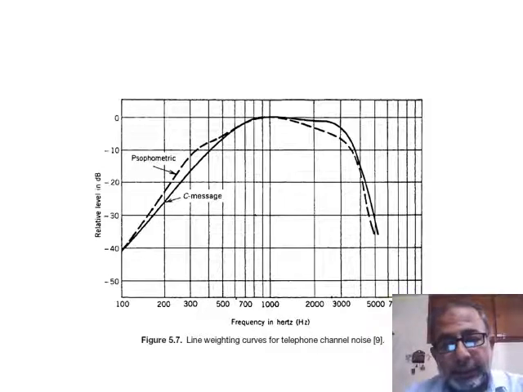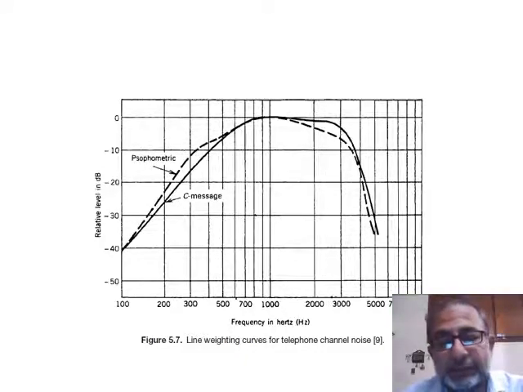Here in this figure 5.7, you can see two curves. One is a solid line curve, which gives the response of a C message, and the other one is a sophometric response, which is given as a broken line.